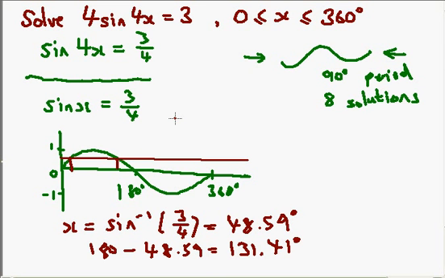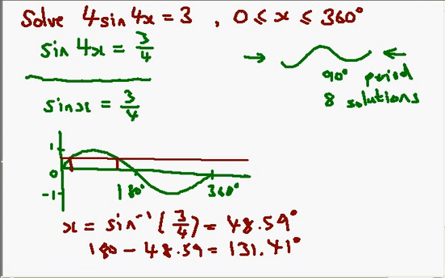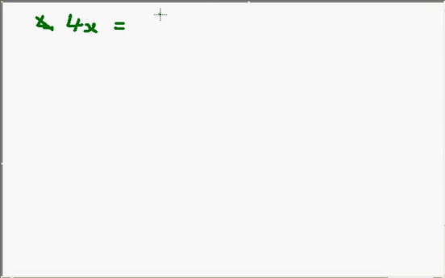So what we need to say is that if 4x was 48.59, then x, my first solution, will be found by dividing both sides by 4, and I get about 12.1 degrees.